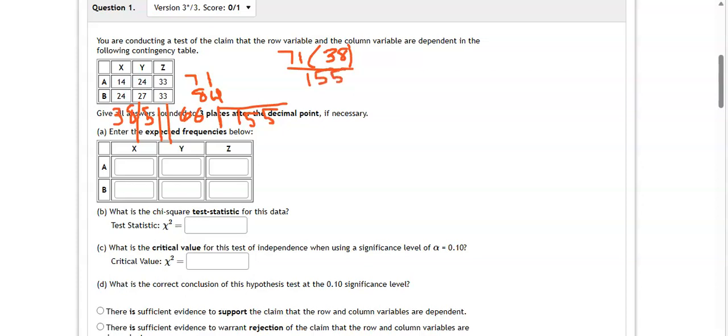Okay, so if I do that, 71 times 38 divided by 155, I get 17, and let's see, does it say what to round to? Three decimal places. 17.406.